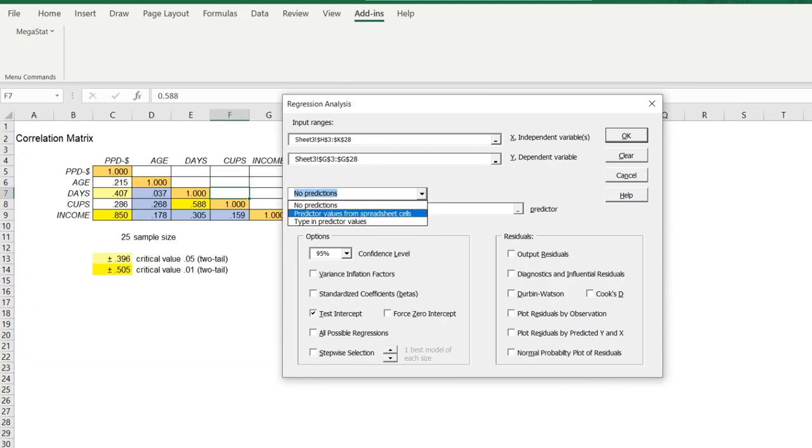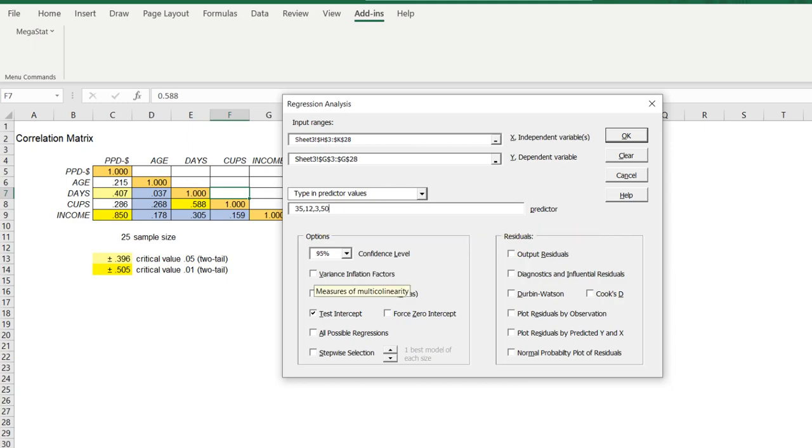And here we want to type in predictor values. Remember our predictor values were 35, 12, 3. You have to put them in the order of your model. Our model was age, days, cups, income. So I'm typing in age, days, cups, income of 50. Don't type 50,000. The income is in thousands.